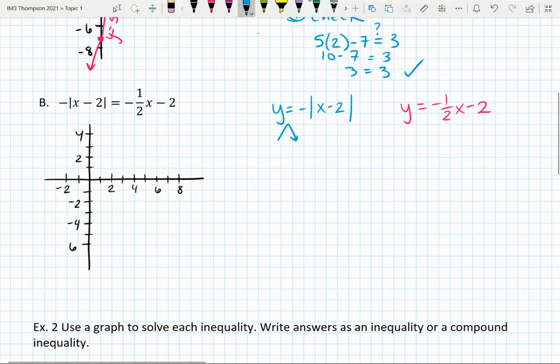All right, so it opens down. It's a V shape, just so I don't forget. And Jack shared that he can tell that the vertex is at 2, 0. So can you explain how you knew that it's 2, 0?